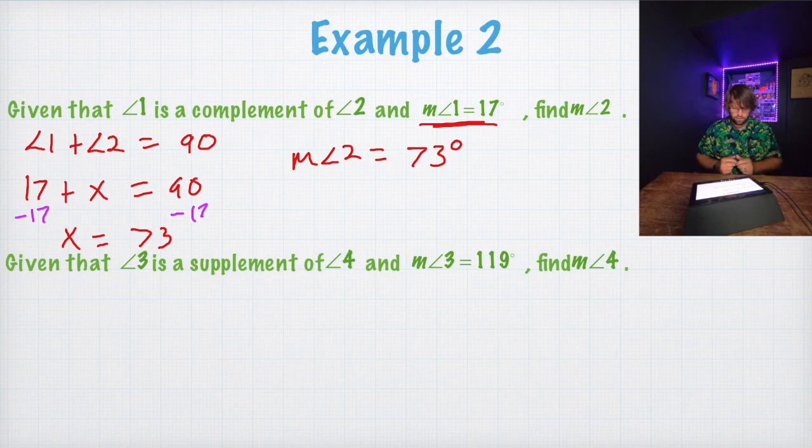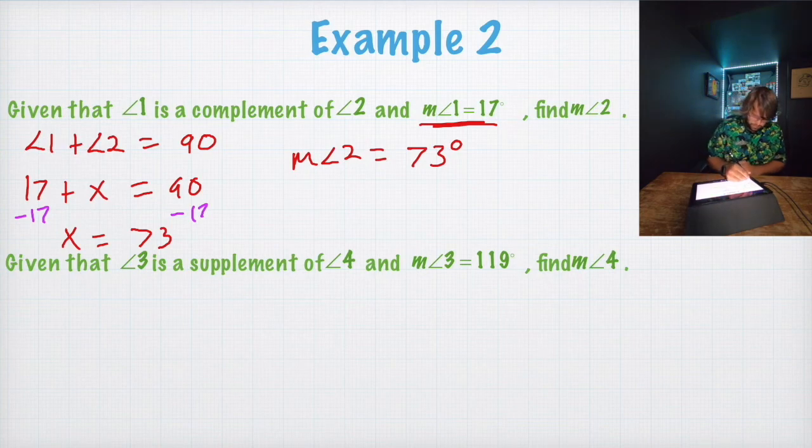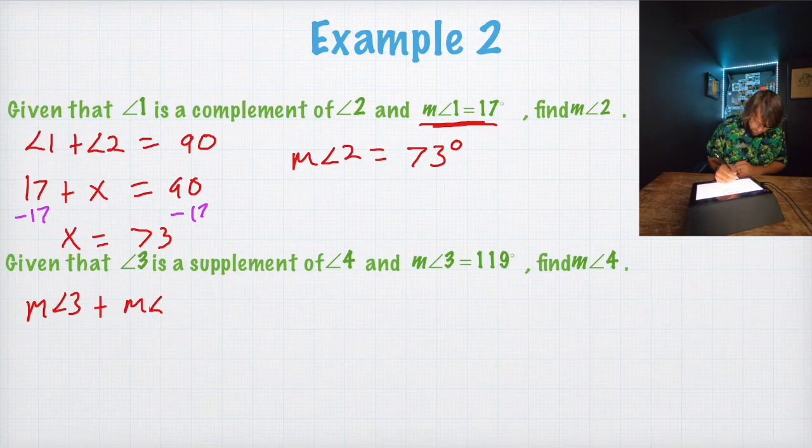Next part, given that angle 3 is a supplement of angle 4, and the measure of angle 3 equals 119, find the measure of angle 4. So if it's a supplement, we know that it is going to have to add up to equal 180 degrees. So the measure of angle 3 plus the measure of angle 4 equals 180 degrees.